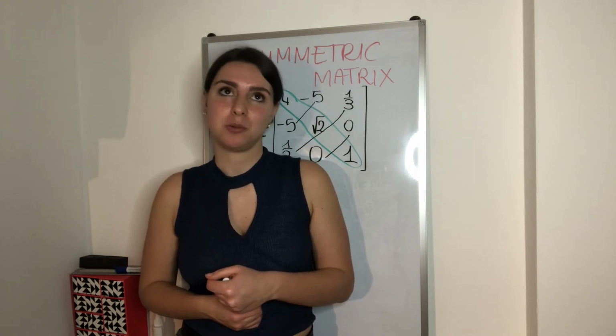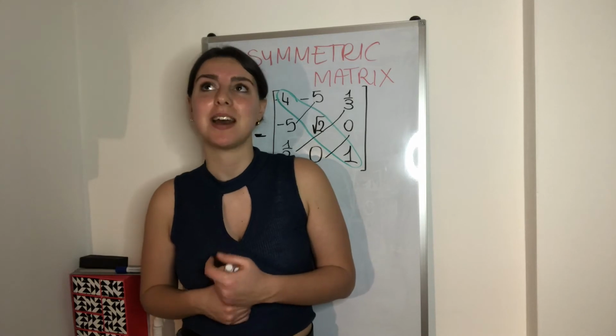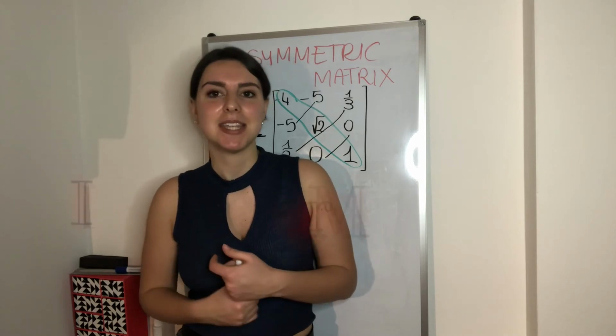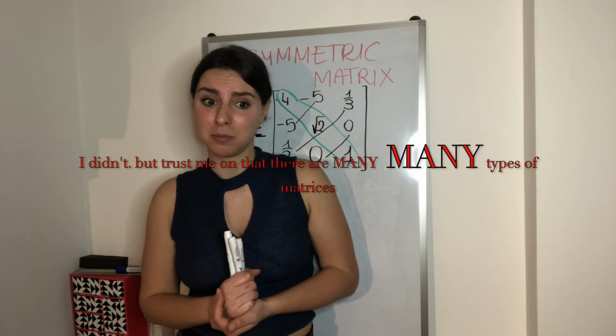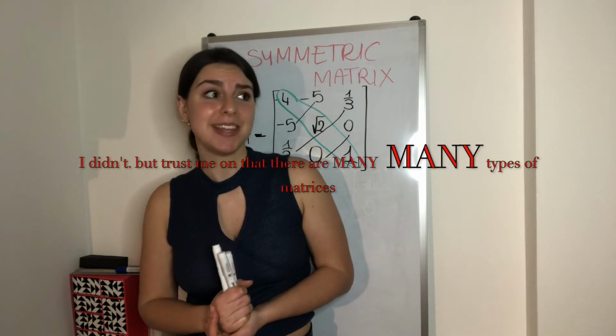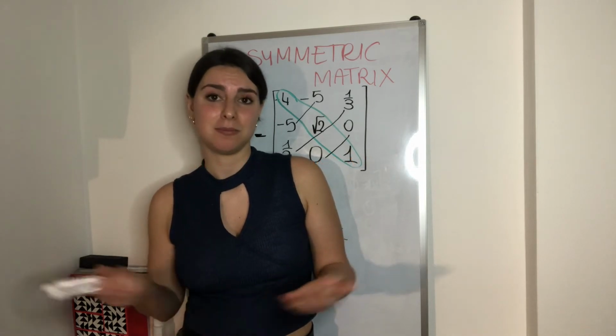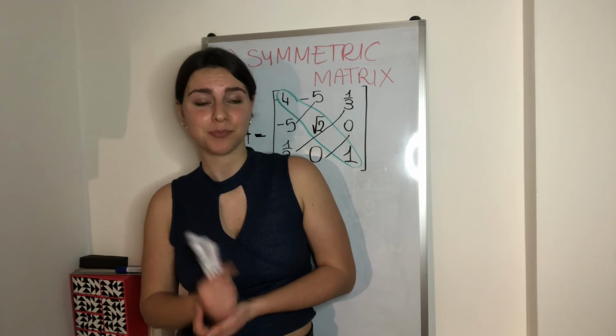So I will also try to put a small clip to show you how many different types of matrices there are, and probably that will be taken from the Wikipedia page, because, you know, basic B.